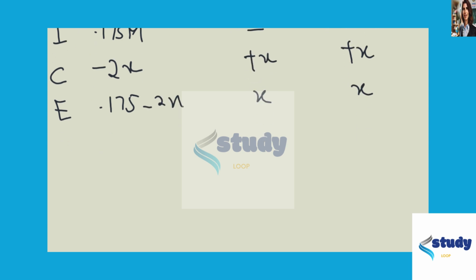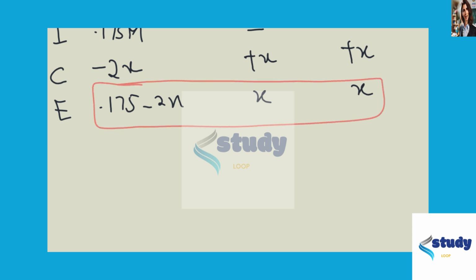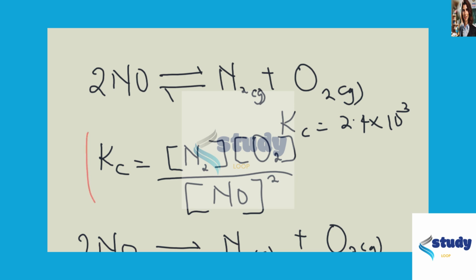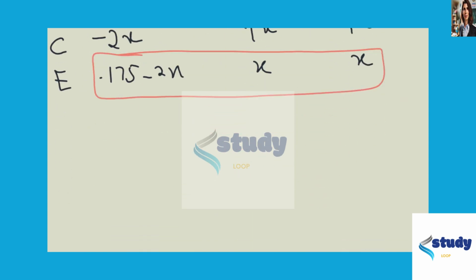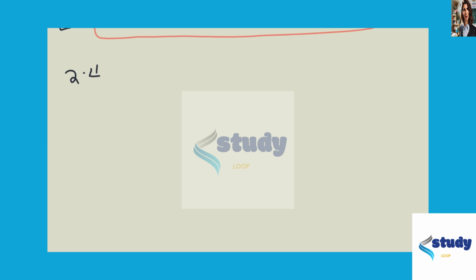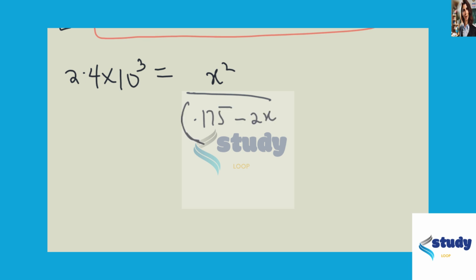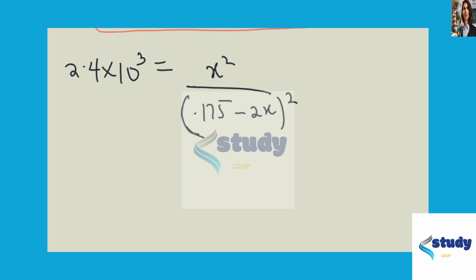And so we're going to place these values into the equilibrium constant expression that we wrote earlier. We have the value of Kc and we have all these values, so we can find the value of x. So 2.4 times 10 to the power of 3 is equal to x squared divided by (0.175 minus 2x) all squared. Since you have that, we have to find the square root of both sides.